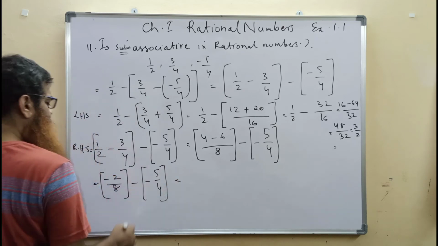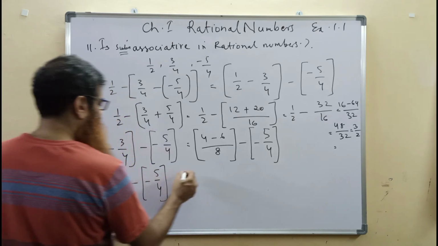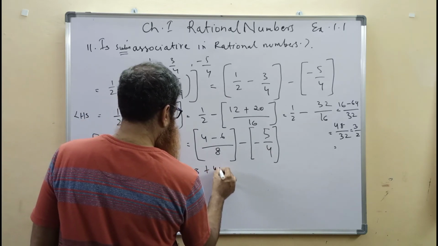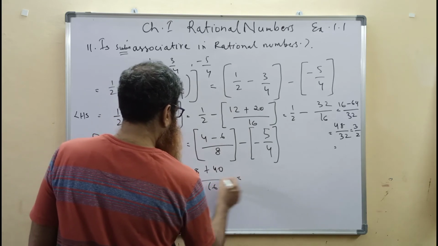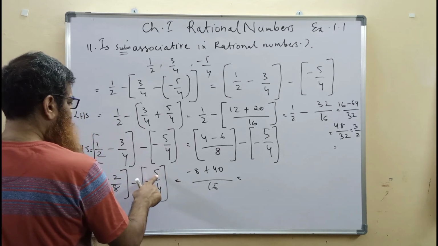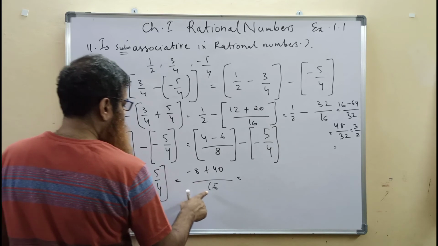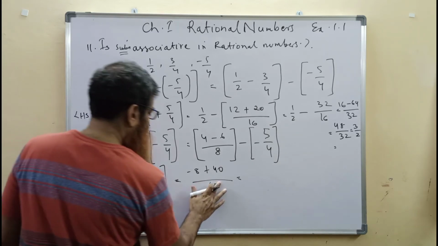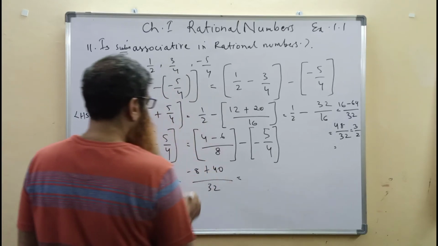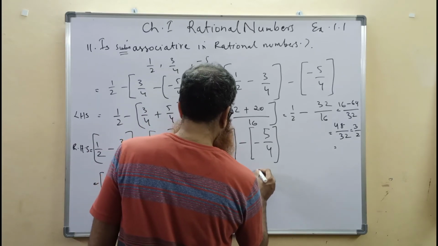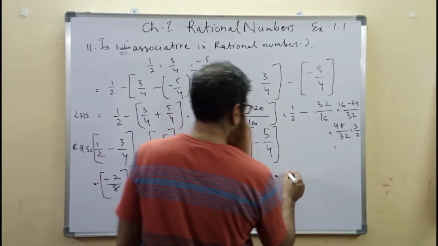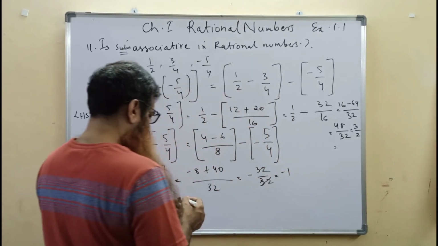It is minus of minus is plus. 4 2s are 8, that is minus 8, 8 5s are 40, that is plus 40 divided by 16. 8 4s are 32, not 16. Minus 8 plus 40 is equal to 32 divided by 32. 32 by 32 is 1, we end up with 1.